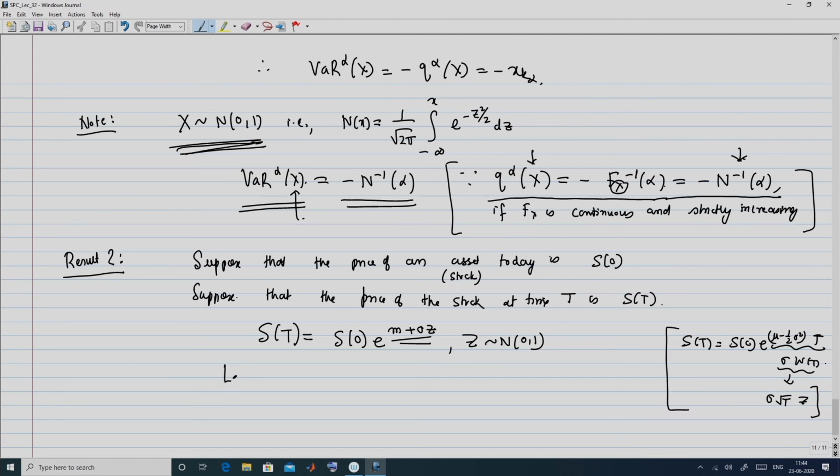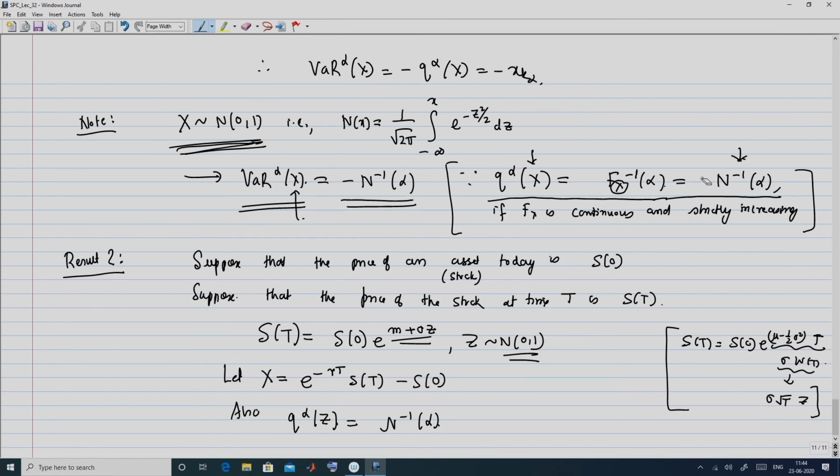Okay. So, what is going to be the x? Accordingly the x, which is the discounted gain, is e raised to minus RT into S T minus S0. And also from here you know that q alpha of z, because z is N(0,1), is simply going to be equal to n inverse of alpha. Just a slight correction here, this is actually plus.